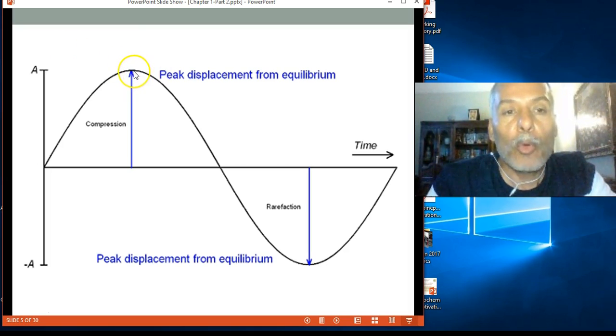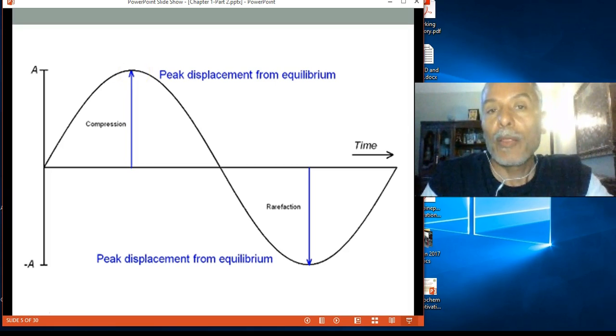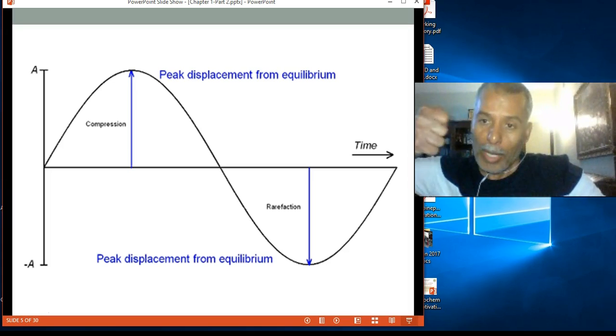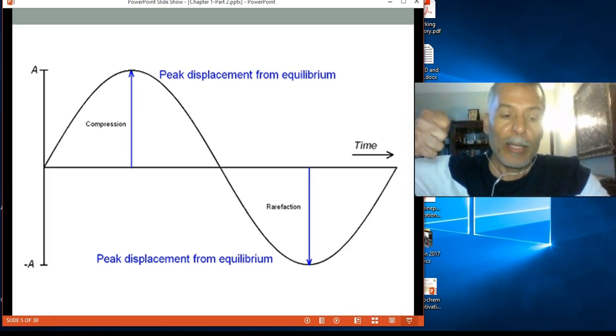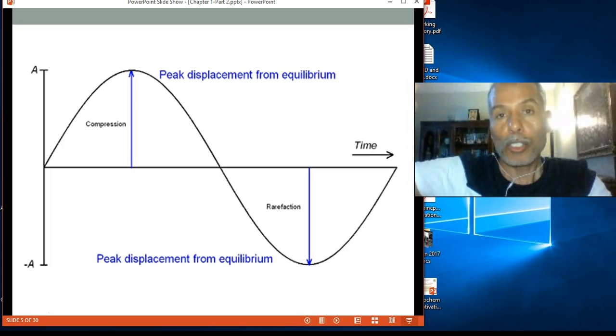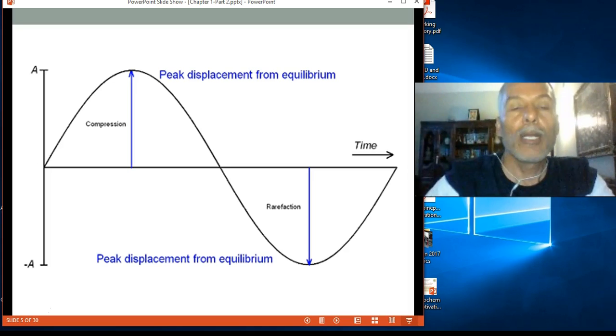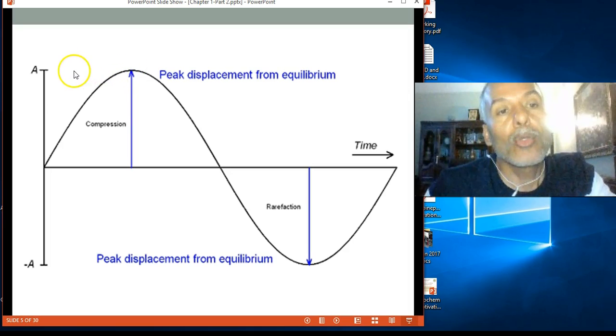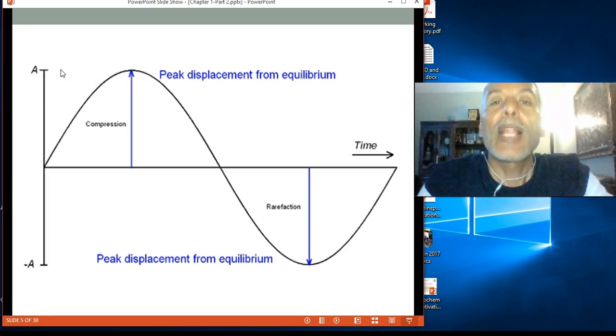That maximum point of displacement determines the amount of energy that you are putting into it. Obviously, the farther away you pull it back, the greater the elastic force that's going to pull it back to rest. So that amount of energy is going to determine the loudness of the wave.